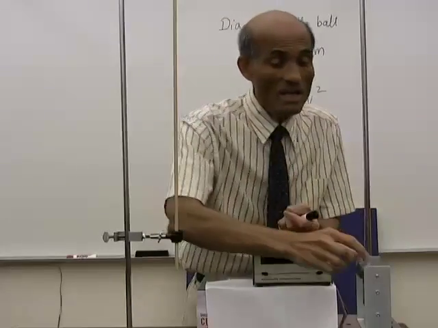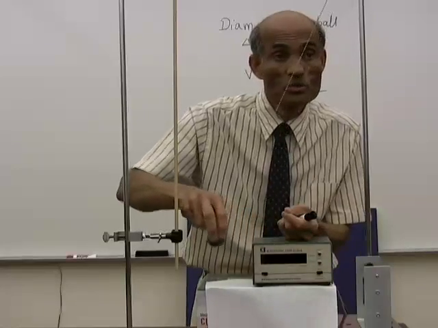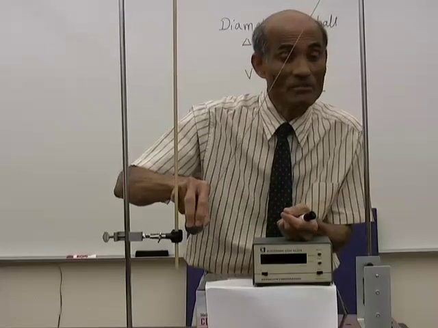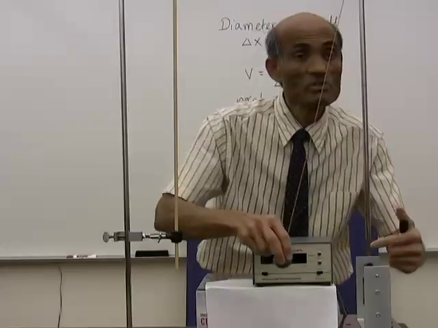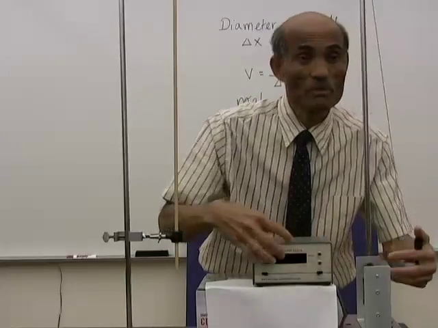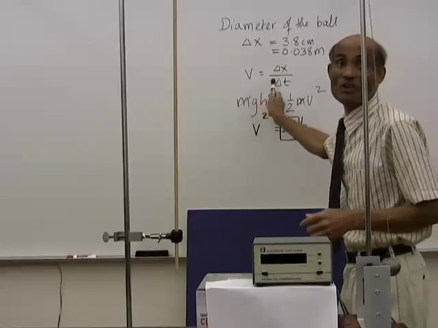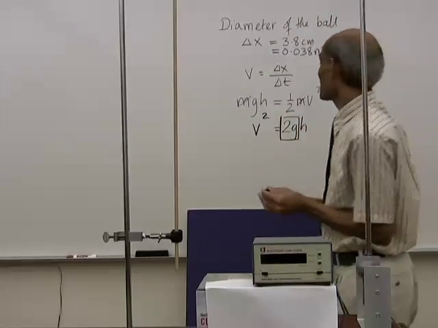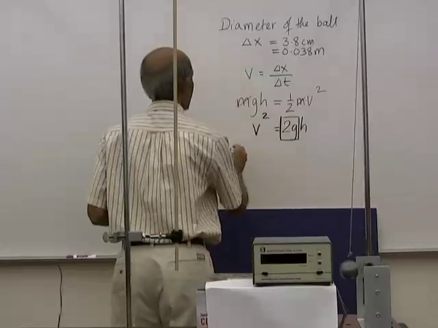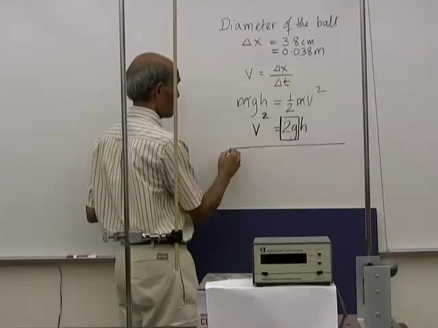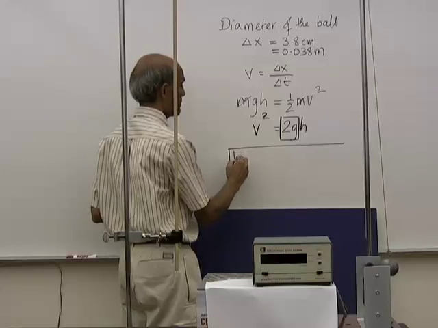And then I will raise the ball to whatever h value we have, and then I'll leave it. You need to measure the time from the clock and calculate the instantaneous velocity. So I want you to make your own tables. What are the values that you will have?